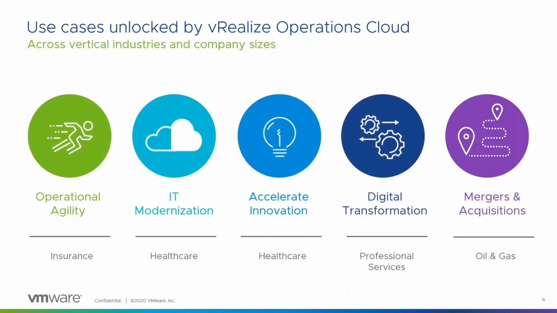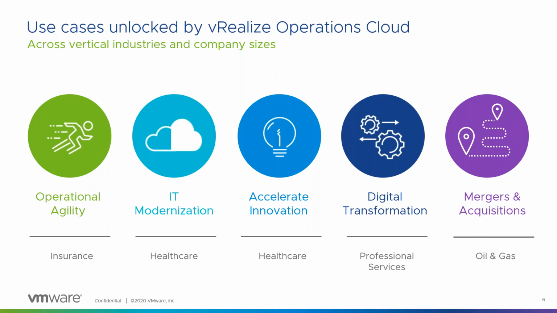Now, why are organizations going to SaaS-based IT operations? We have customers telling us that across all verticals, and you can see some of them here on the bottom of the screen, and also companies of all sizes. We have companies who are managing hundreds of virtual machines and those that are managing tens of thousands of VMs who are moving to SaaS-based IT operations.